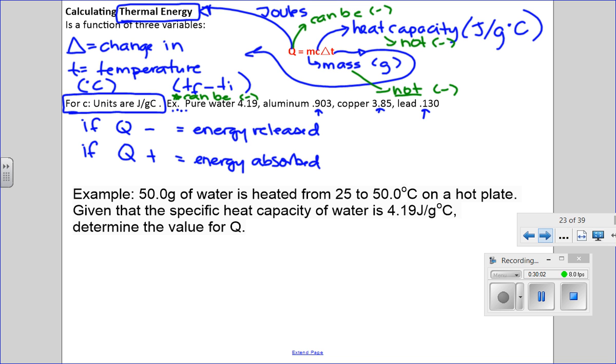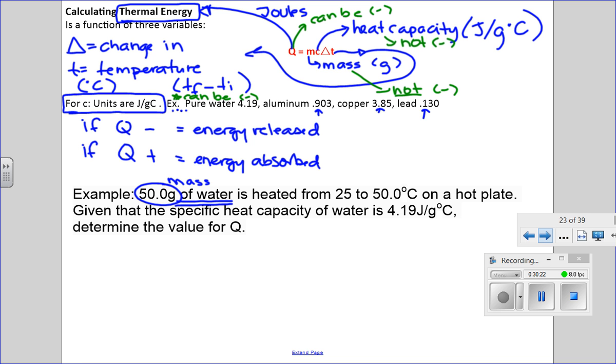So the first example is just to make sure we know how to put numbers into the correct spot, and then we'll do a few more where we rearrange the formula. In the first example, I have 50 grams of water. So there's my mass. Now, I'm going to highlight the fact that it's water.